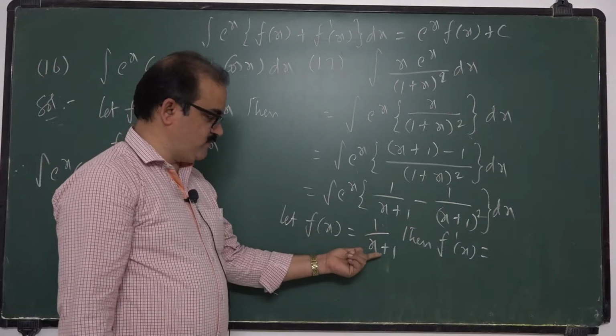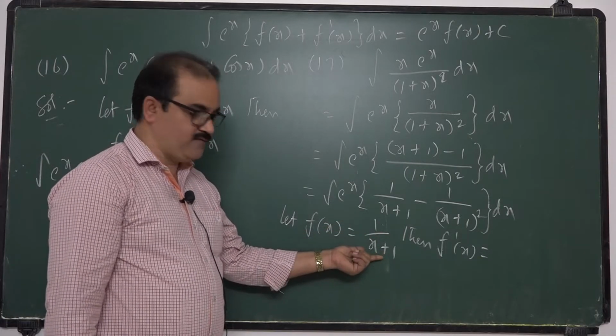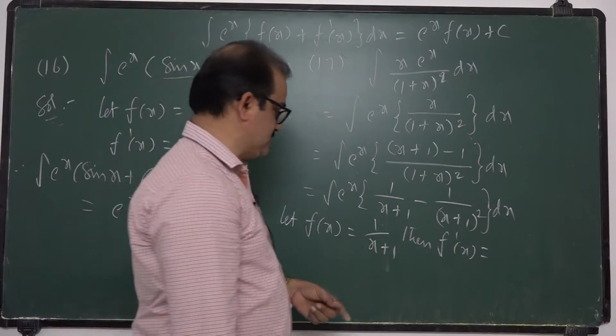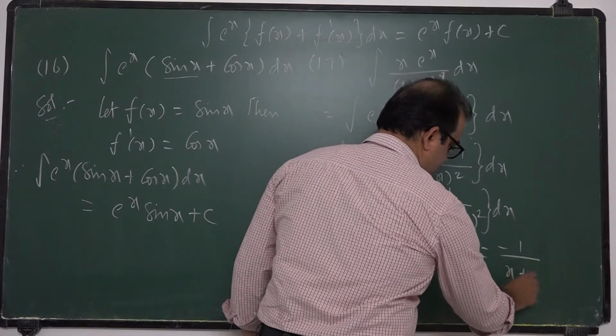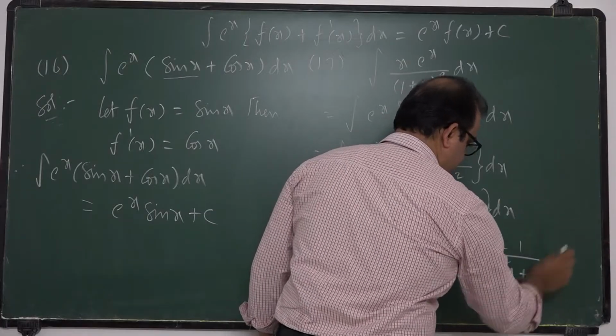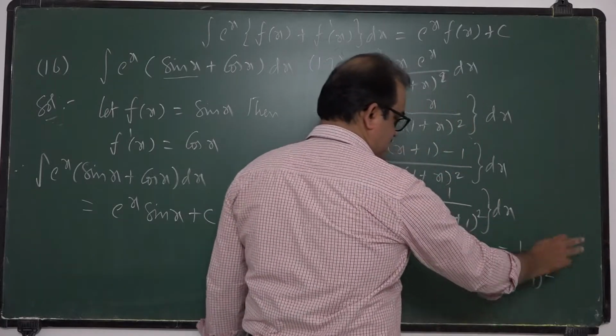It is in the form of 1 by x. Derivative of 1 by x is minus 1 by x square. So the derivative of this is minus 1 by x plus 1 whole square into the derivative of x plus 1, that is 1.